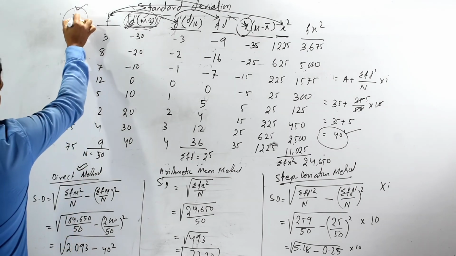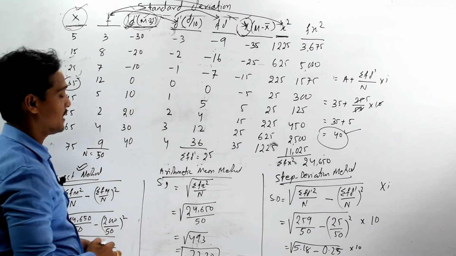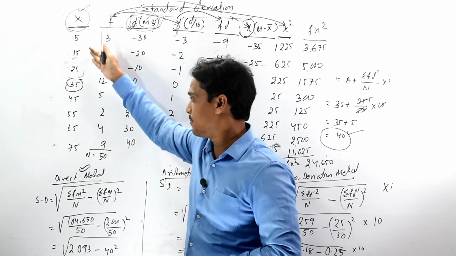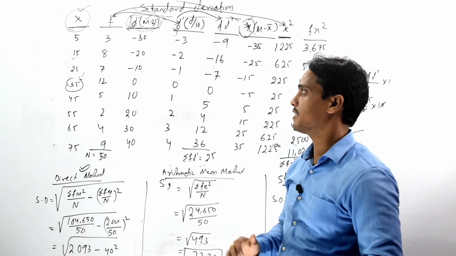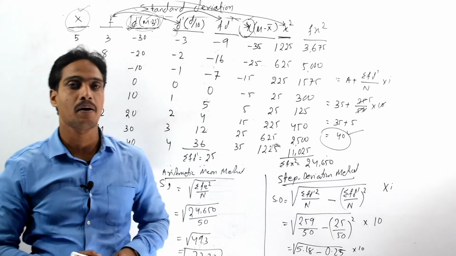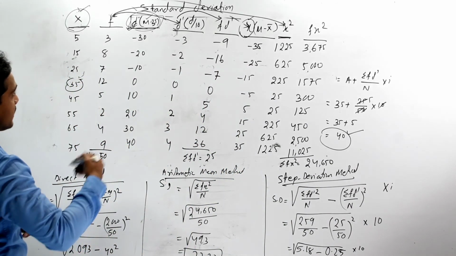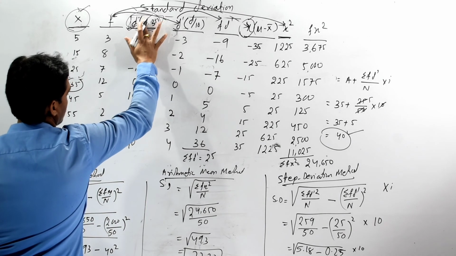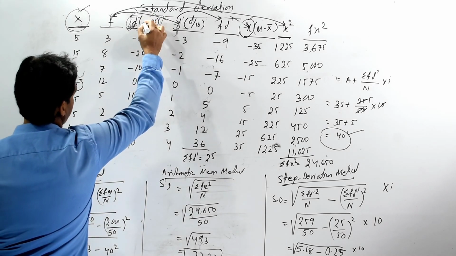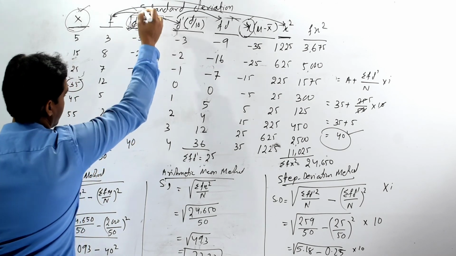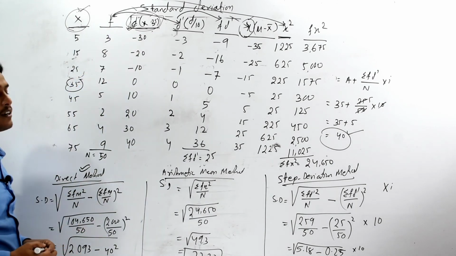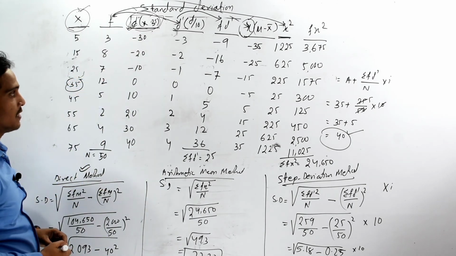Here the x, that means the direct variable, is given, that is x should be taken into consideration, and there is no need of finding the midpoints in case of a discrete series. And here also we find the deviations by taking the difference of x and the assumed mean, that means x minus assumed mean should be considered as our deviation or d.